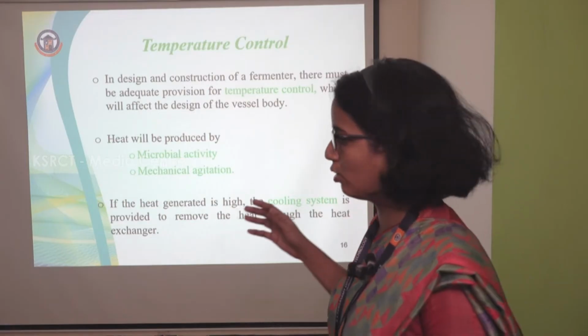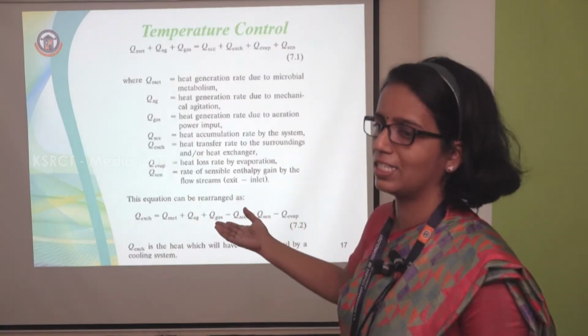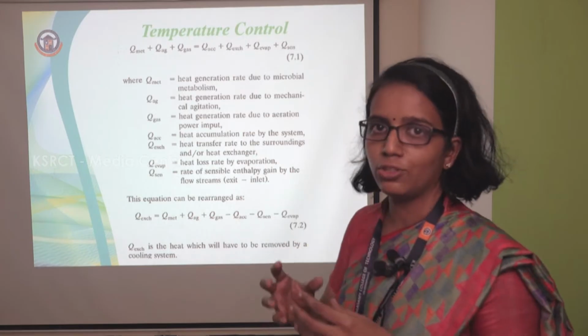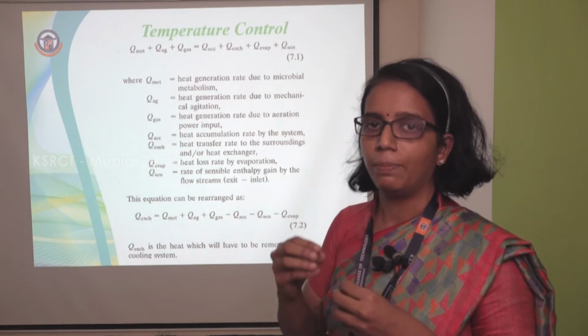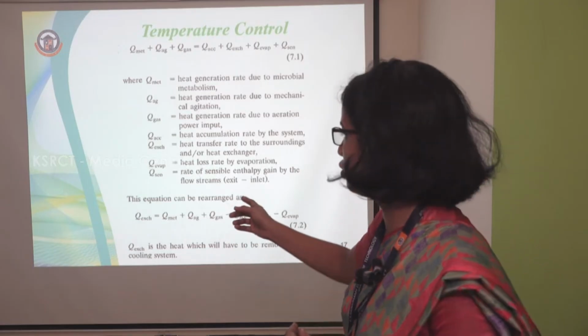Here we require a specific system called a cooling system, for which we need to calculate certain things. The heat needs to be exchanged for the reduction of heat, which is called Q exchange.